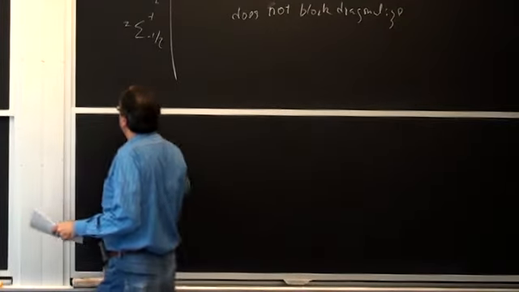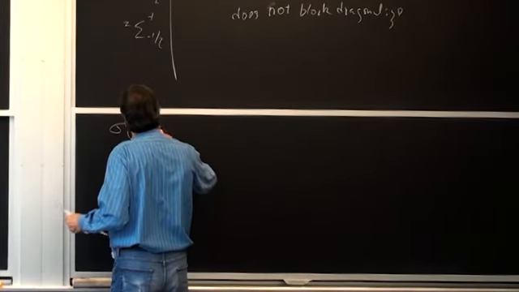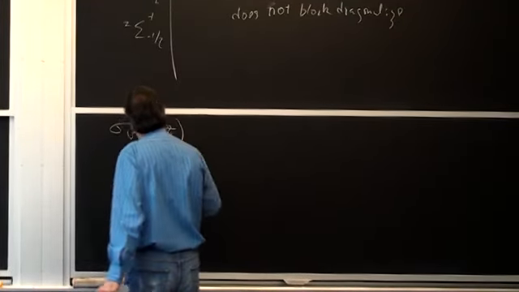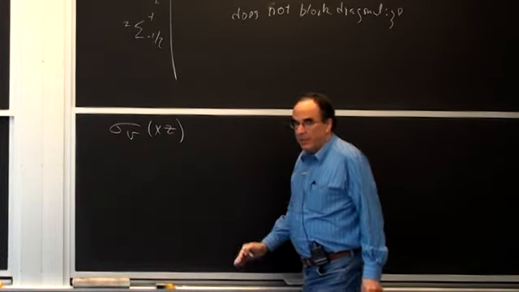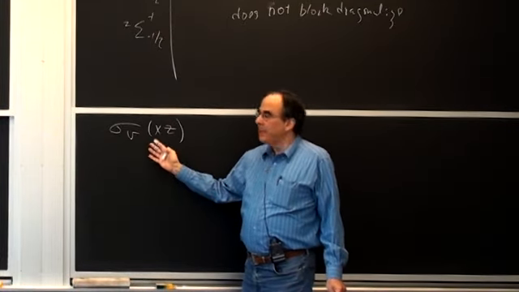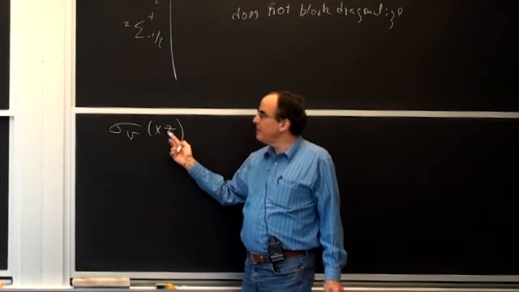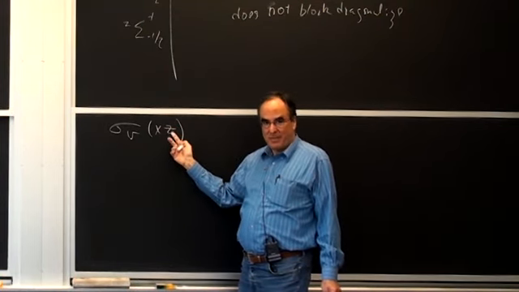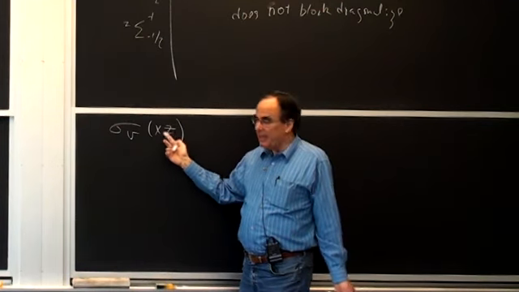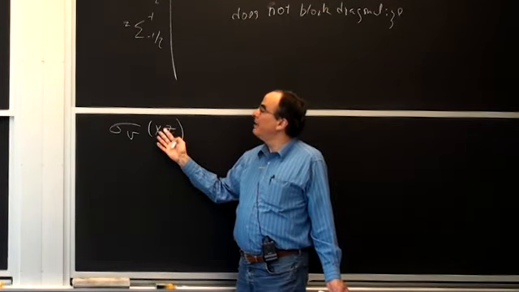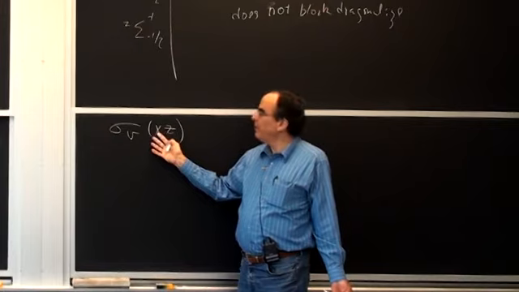So, parity. Parity is reflection in the xz plane. Z is always the internuclear axis. Z is almost always the symmetry axis in polyatomic molecules. But we could have chosen the yz plane.